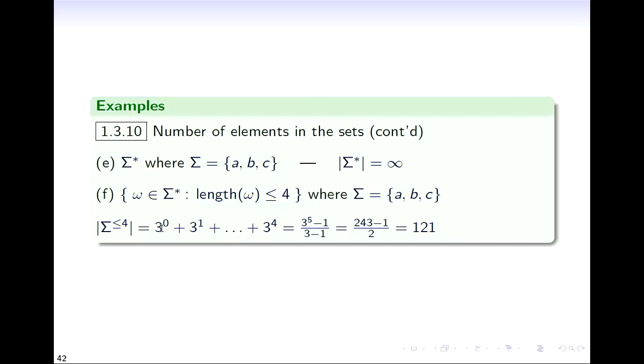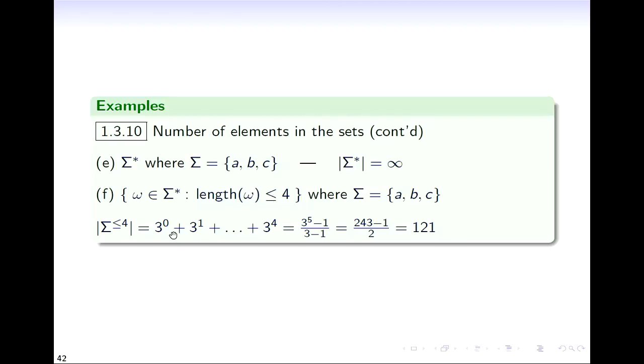The sum 3 to the power of 0 up to 3 to the power of 4 is the same as 3 to the power of 5, that is 4 plus 1, minus 1, divided by 3 minus 1. And this gives you exactly 121 elements. That is 121 words over this alphabet a, b, c, which have a length smaller or equal to 4.